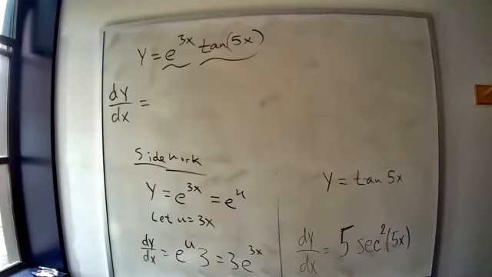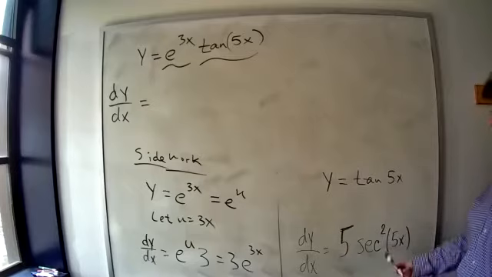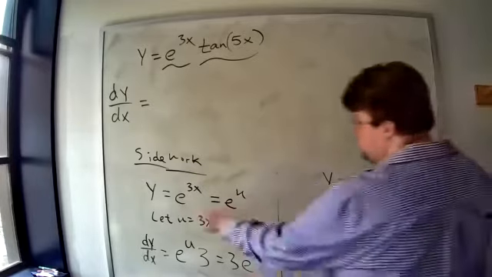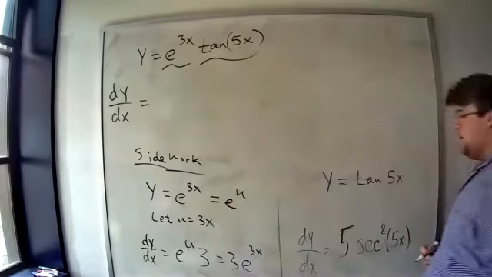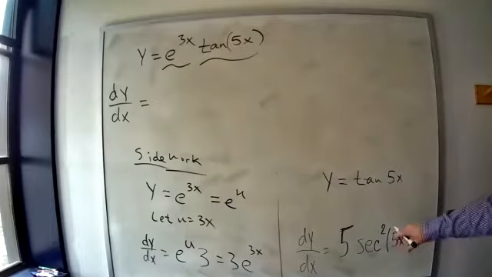So if you want the details, let u equal 5x, dy du secant squared u, du dx 5. The u substitution for this one is very similar to that one. Any questions about this second piece of side work?